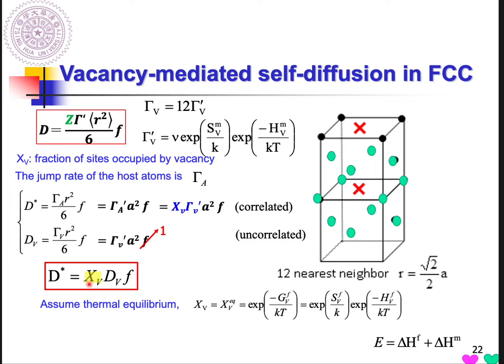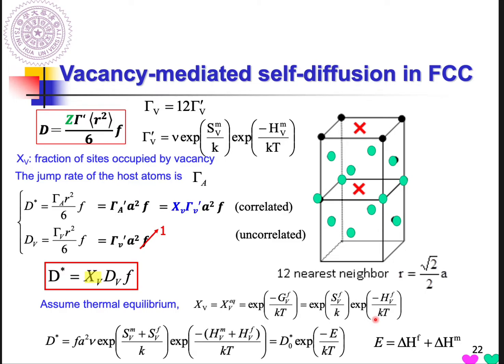Based on lecture 2, if it is under thermal equilibrium conditions, the atomic fraction of vacancy will equal exponential of minus the vacancy formation energy divided by kT, and G can be separated into H minus TS. So you can separate it into a temperature independent term and a temperature dependent term.